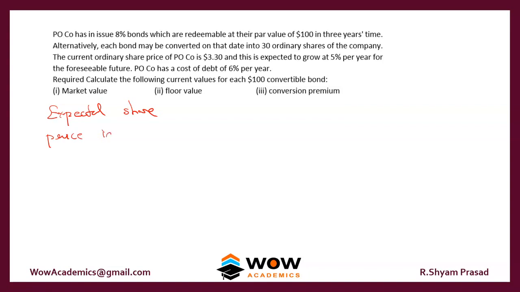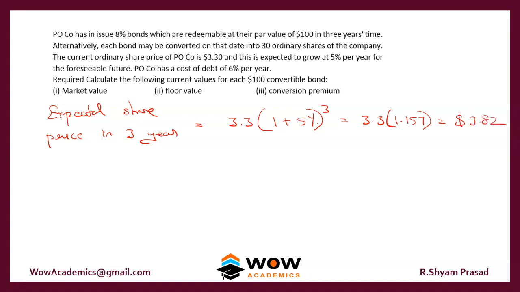The expected share price in 3 years will be: each share price is 3.3 into 1 plus 5%, as it's going to grow at 5% per year for 3 years. This formula is nothing but the compounding formula. So it comes to 3.3 into 1.157. Each share is worth 3.82. So this is the per share value.